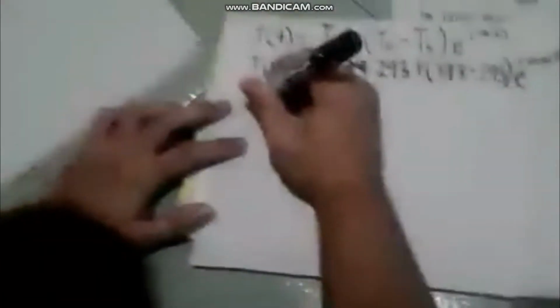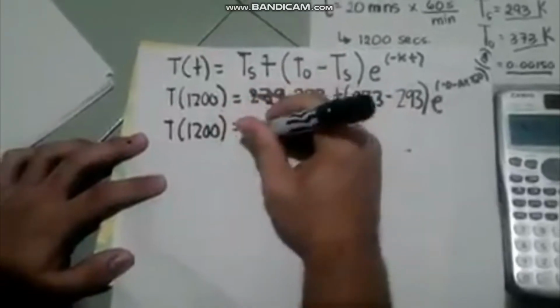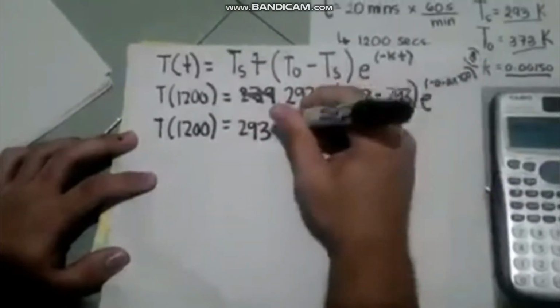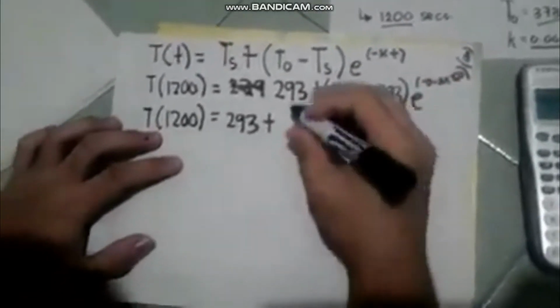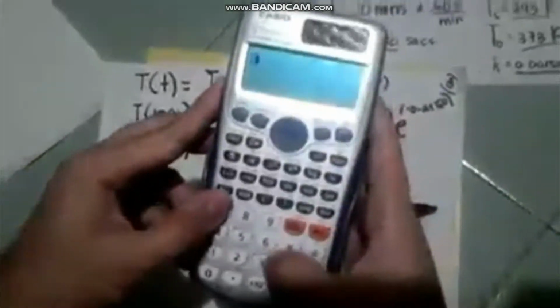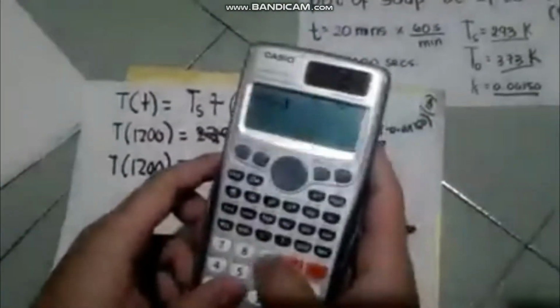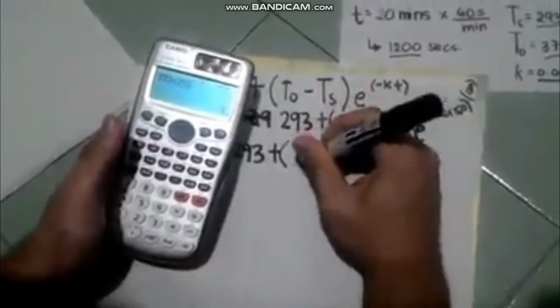Okay, so T at 1,200 is equal to 293 plus, subtracting this, it is equal to 80.